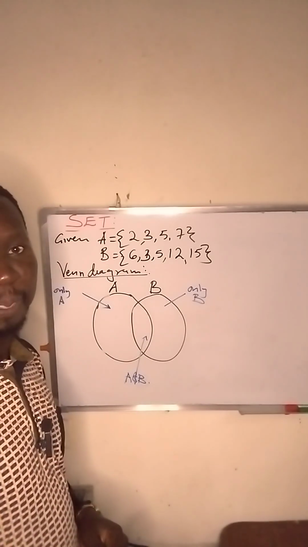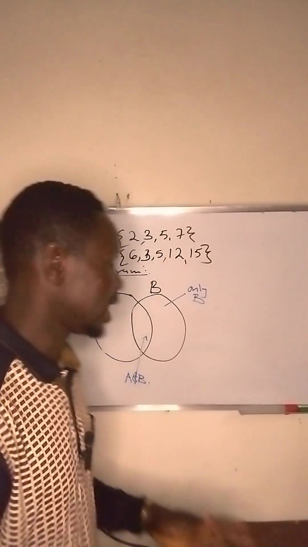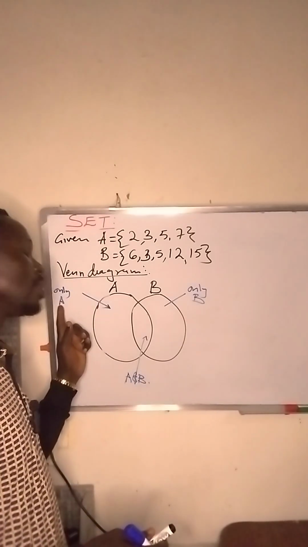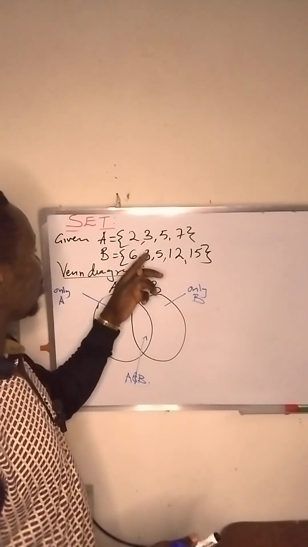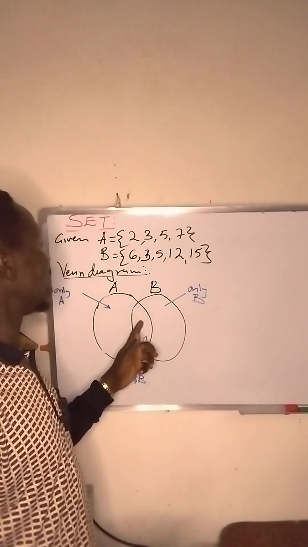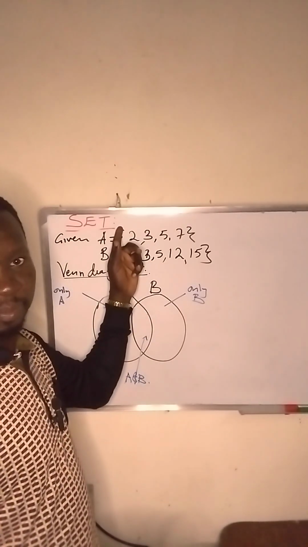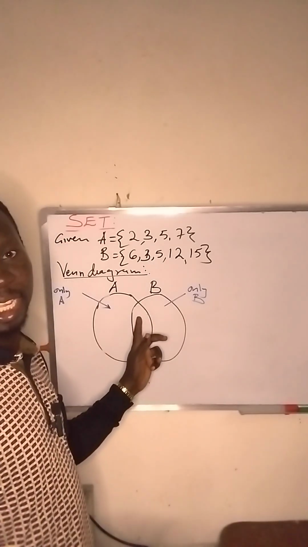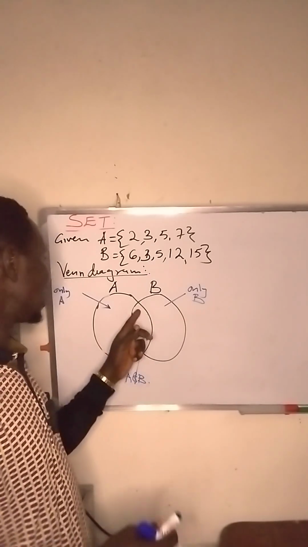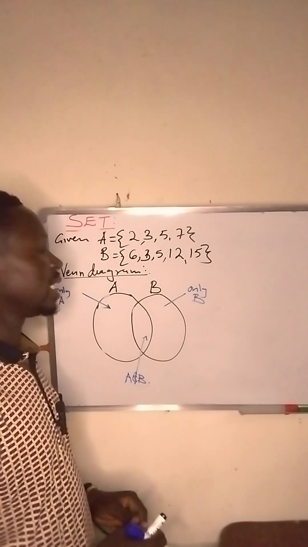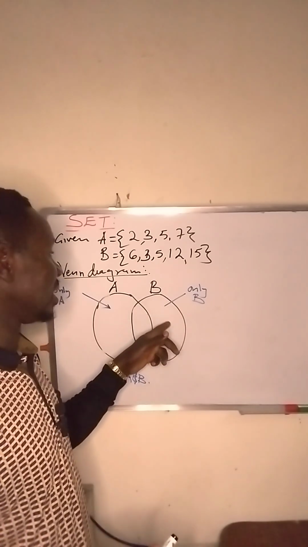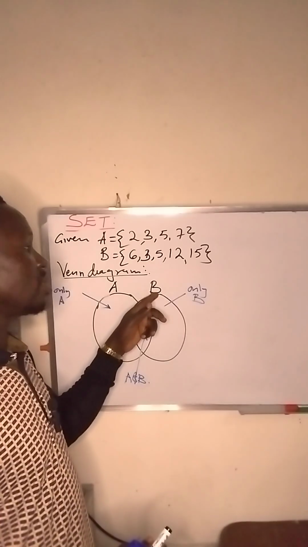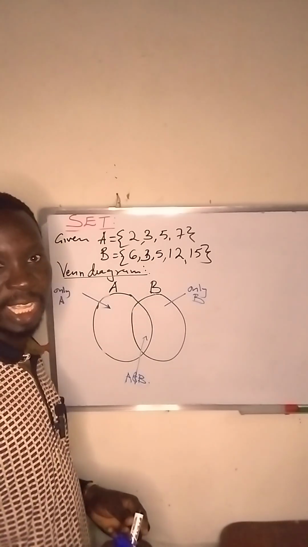Are we together? If it is not there, it qualifies to come here, where I will write only A members. When it is found in both A and B, it is written here in the intersection part. And this one is the only members of B altogether.